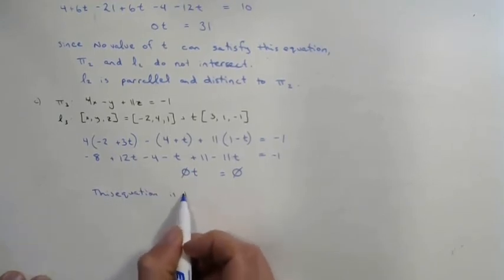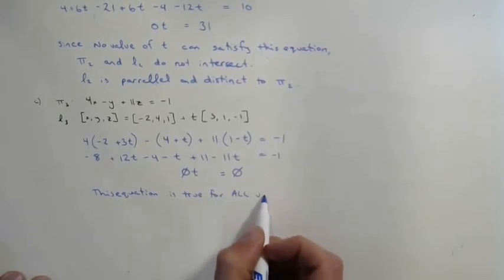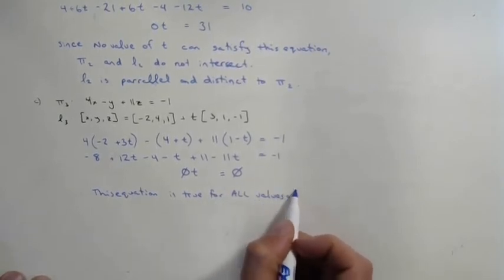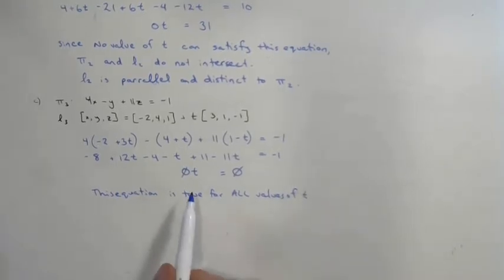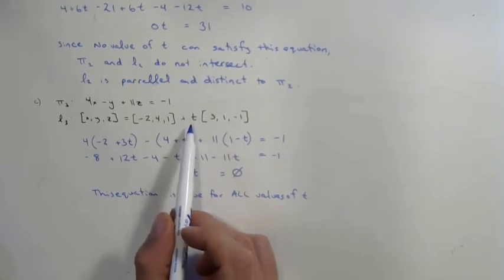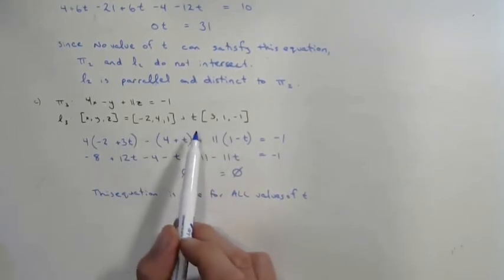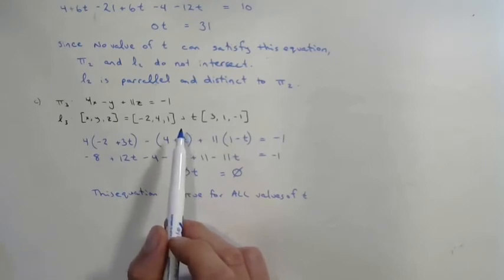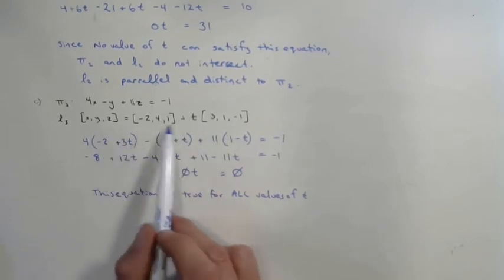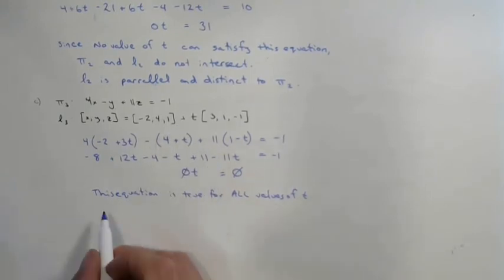This equation is true for all values of t. So now, since any value of t here will make this true, that means that any point along this line is a solution. So this line lies completely on the plane.